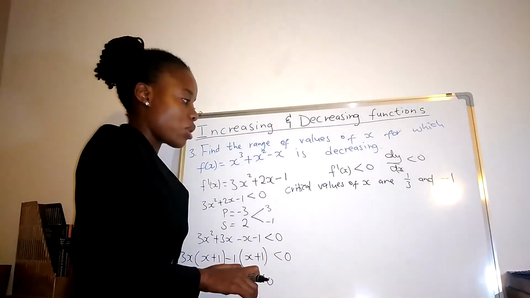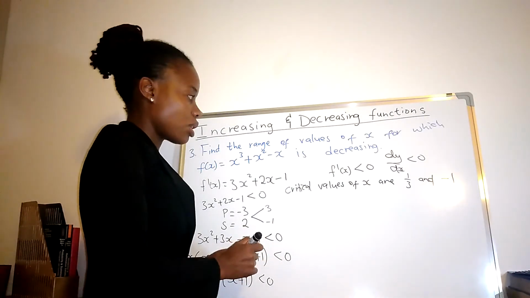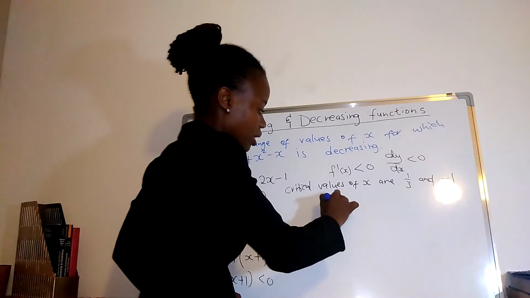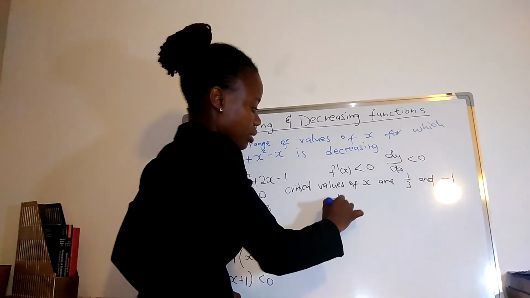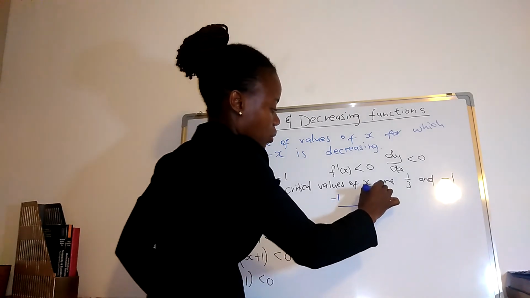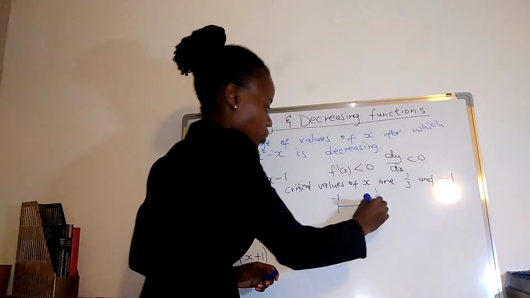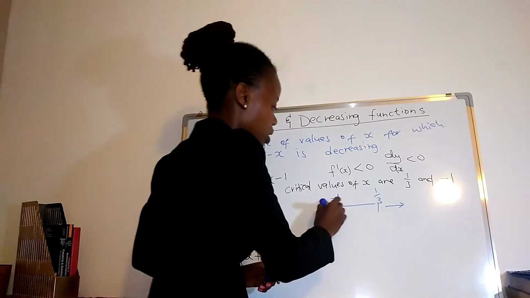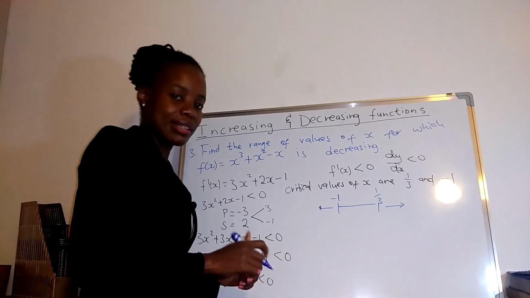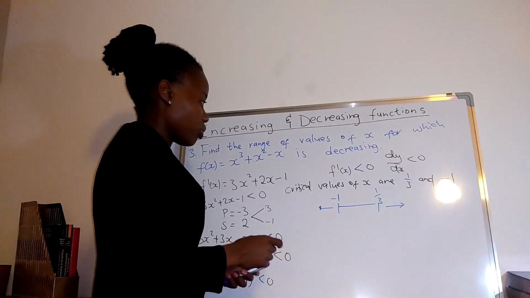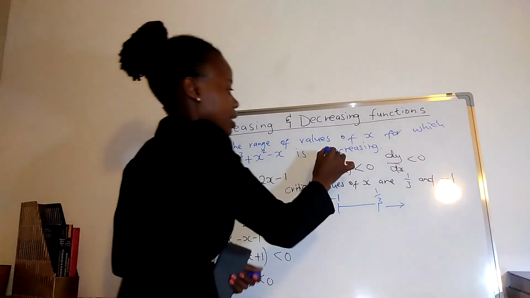Now we are going to test where it's decreasing. We have negative 1 here, and we have 1 over 3 here. We want to find out where it's increasing and where it's decreasing. We are concerned about decreasing.